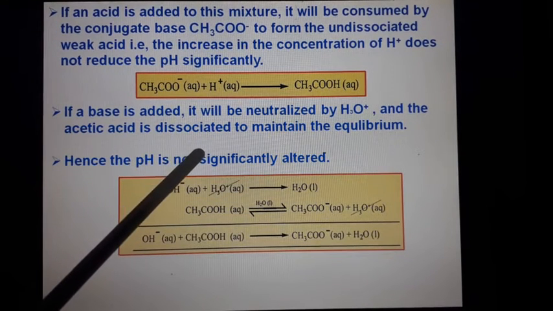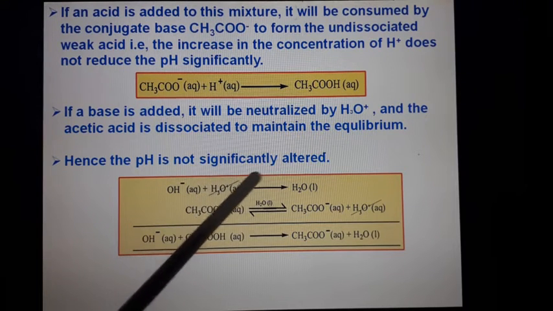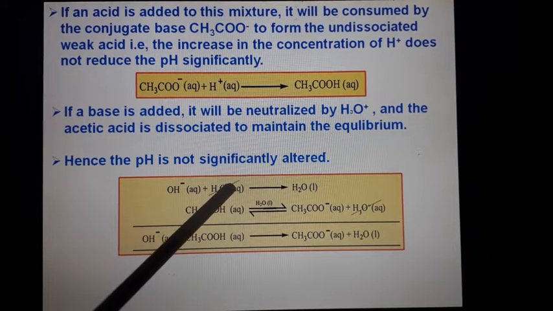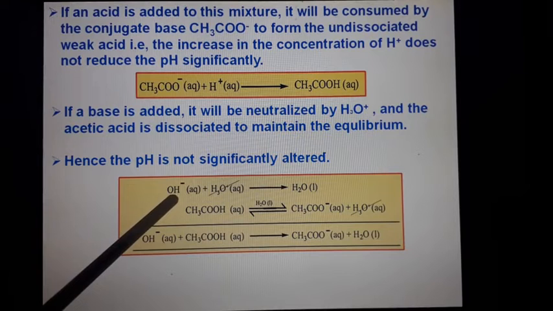The pH is not altered. So there are two steps. OH minus plus H3O plus gives H2O, where the OH minus ion is from the base.